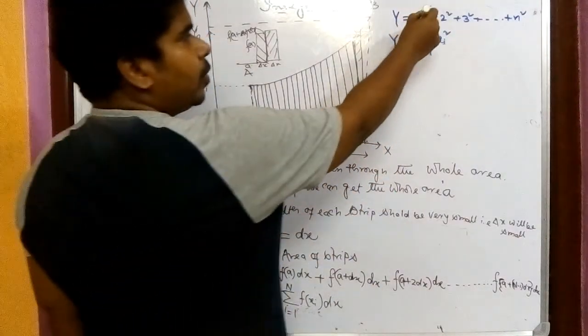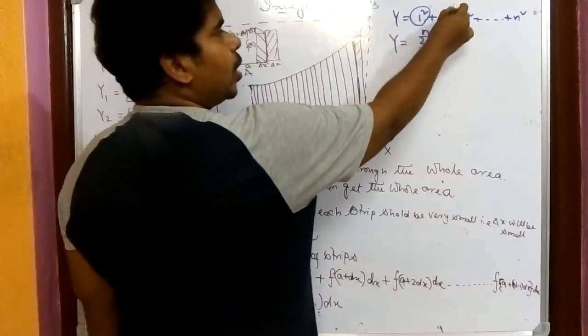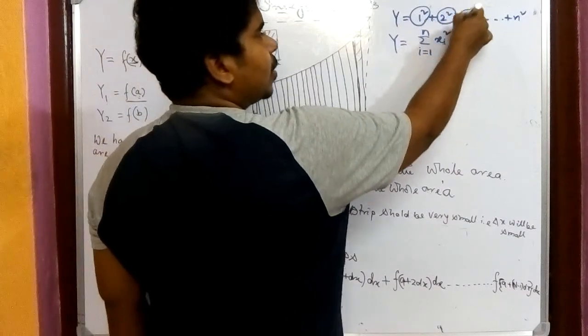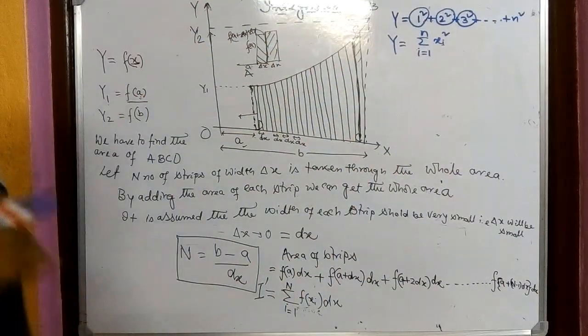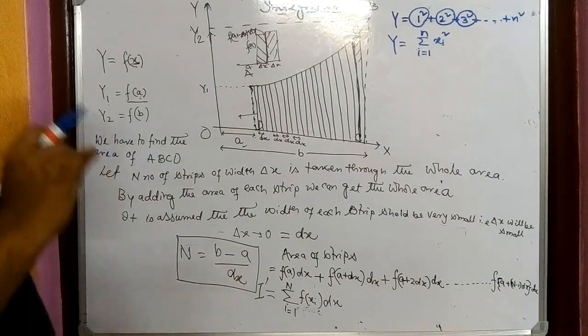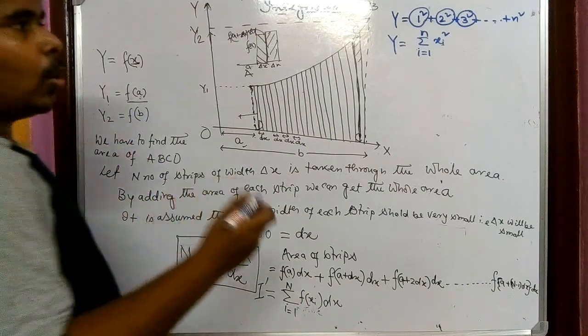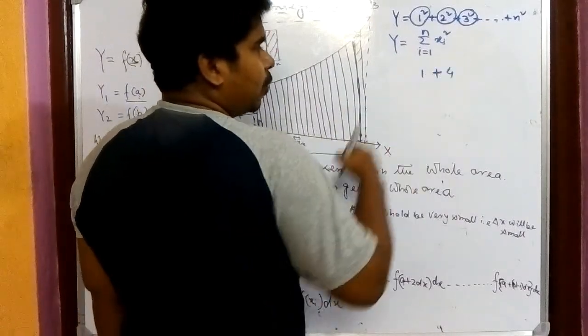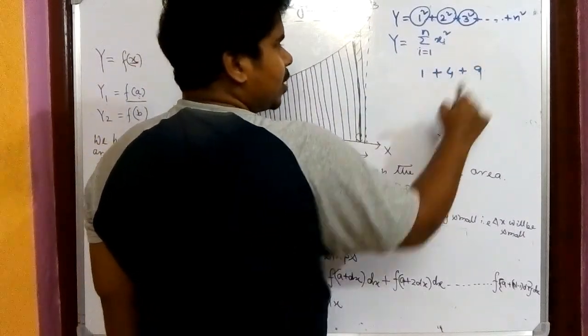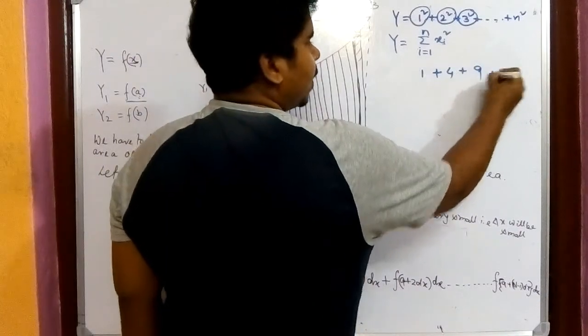Now you see, when we are talking about 1 square, 2 square, 3 square, whatever it may be, these things are totally separate from each other. 1 square means 1, 2 square means 4, 3 square means 9, 4 square means 16.